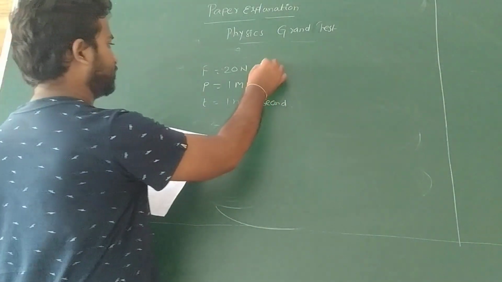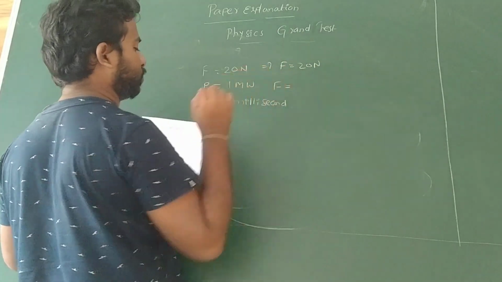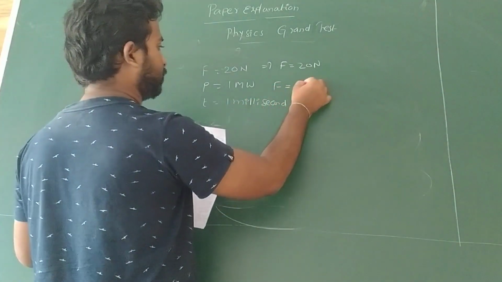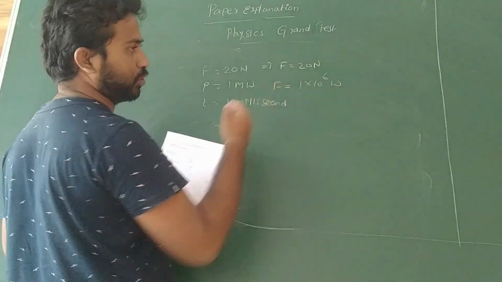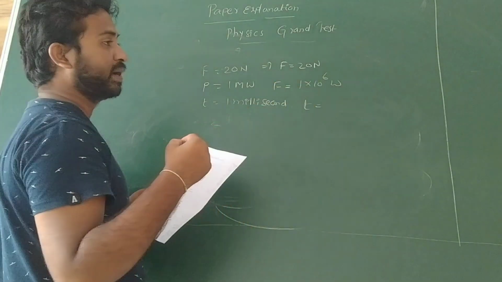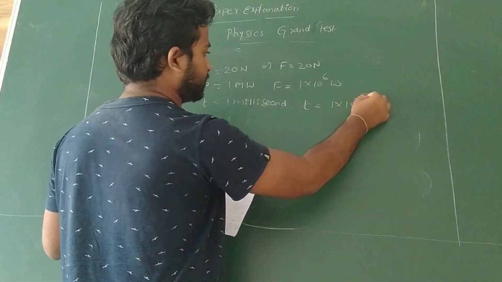First I want to convert this. Force equal to 20 newtons. Kilo means 10 cube, mega means 10 power of 6, so 1 into 10 power of 6 watts. Why? Because I convert all these units into SI units. And time, 1 milli means 10 power of minus 3, so 1 into 10 power of minus 3 second.